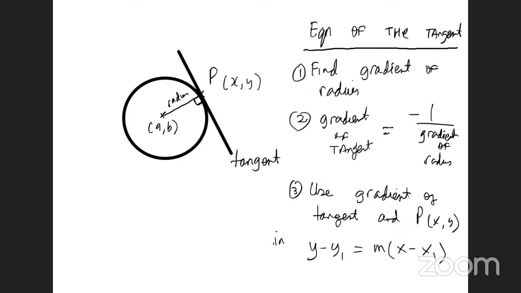Just in case I forgot from last week how to find gradient: gradient is y2 minus y1 over x2 minus x1. Copy down the 3 steps and let's see if we can find the equation.